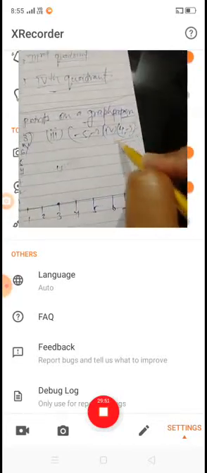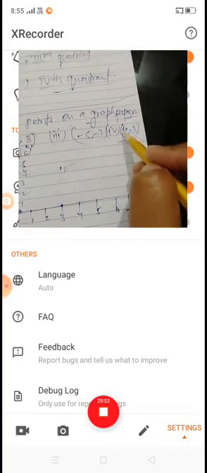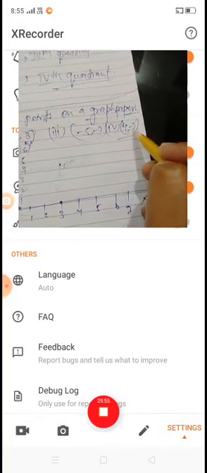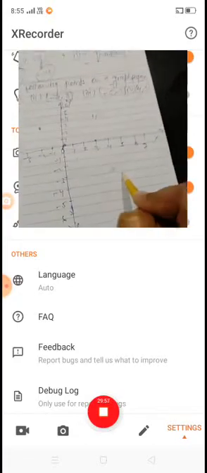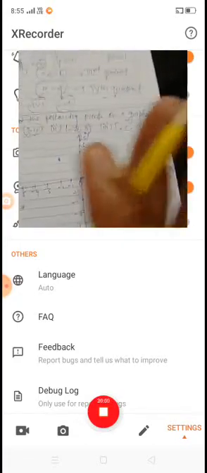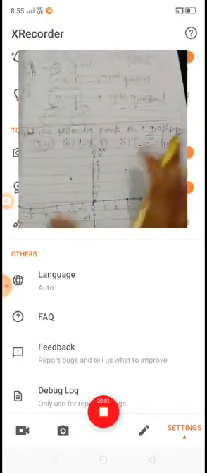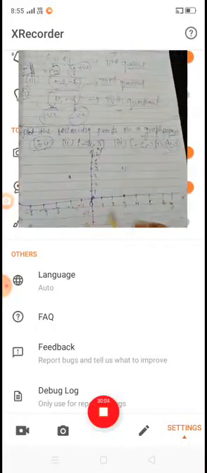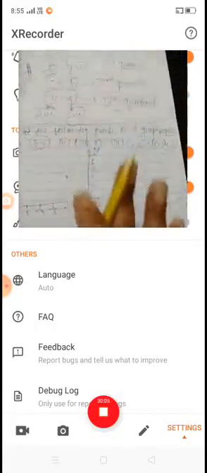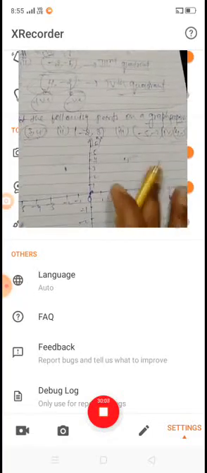And the last one (4, -3): abscissa is positive but ordinate is negative, this point lies in the fourth quadrant. In this way you solve and plot all the points on the Cartesian plane on the graph paper.